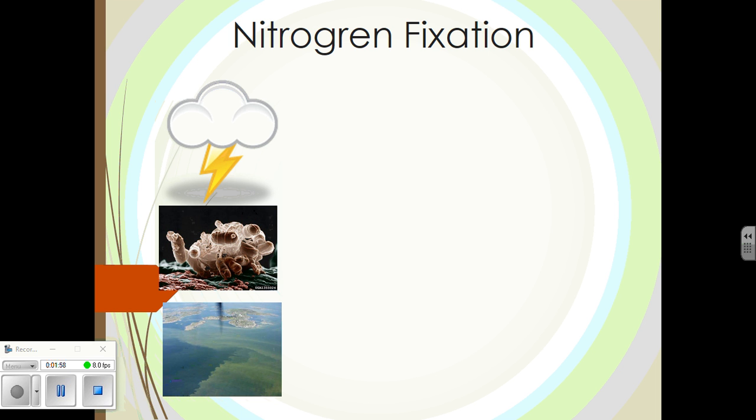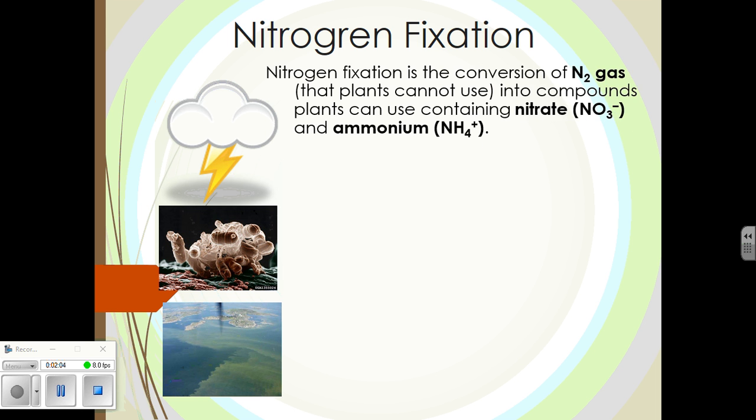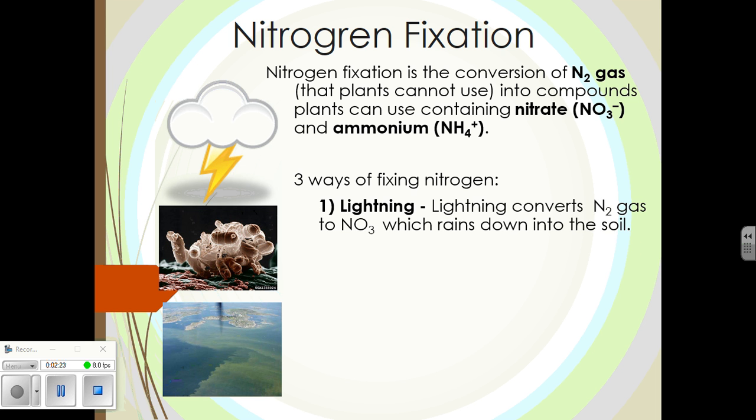Nitrogen fixation is the first way, a most common way, that nitrogen from the air is fixed. In other words, it's put into a form that plants and animals can use. Plants use nitrogen in the form of nitrate or in the form of ammonia. There are three ways that nitrogen can be fixed into this nitrate or ammonium that plants can use and take into their bodies.